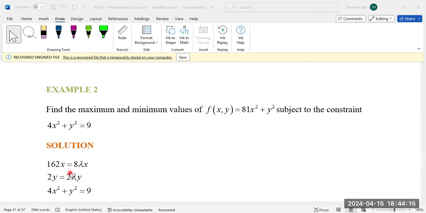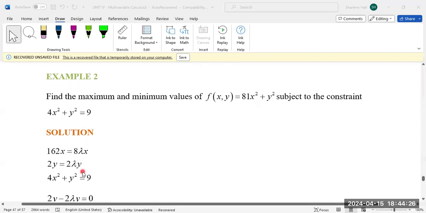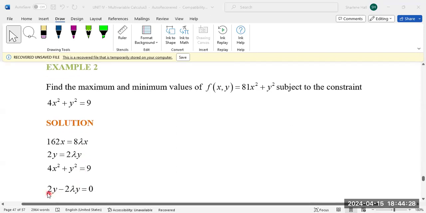Yes, sir. So you have to go say 16 lambda x minus 8x, 8 lambda x, and factor out the x. So you have to bring all the x's on one side. So you see here, you can have 2y minus 2 lambda y equals 0 because you have y on both sides.